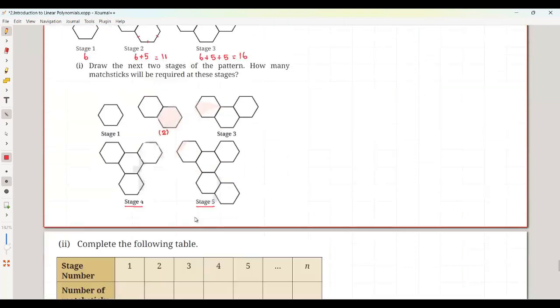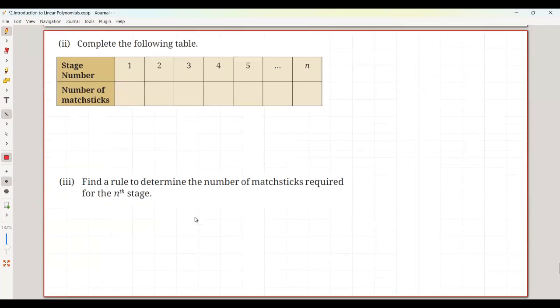Next, complete the following table. For stage number 1, the number of matchsticks used is 6. In stage 2, it will be 6 plus 5, since we already have 6, then plus 5, so 6 plus 5 is equal to 11.